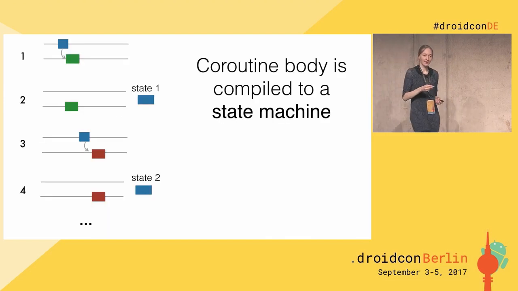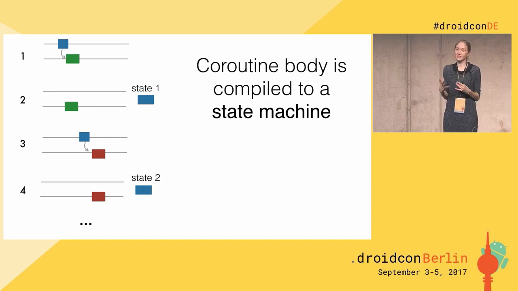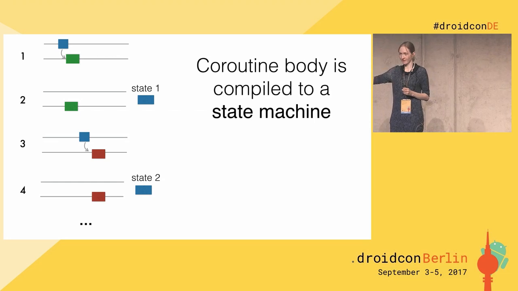And another internal detail is that a coroutine is cheap. It is represented by just one object, and it is compiled to a state machine, and every suspension point represents one of the states.